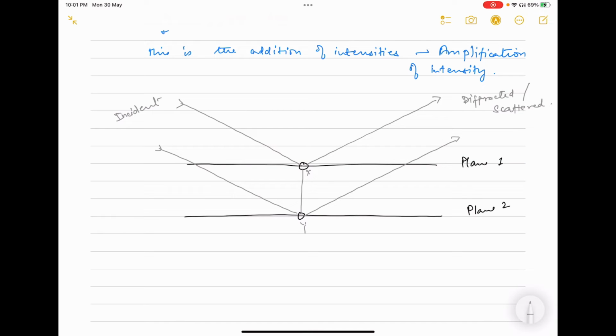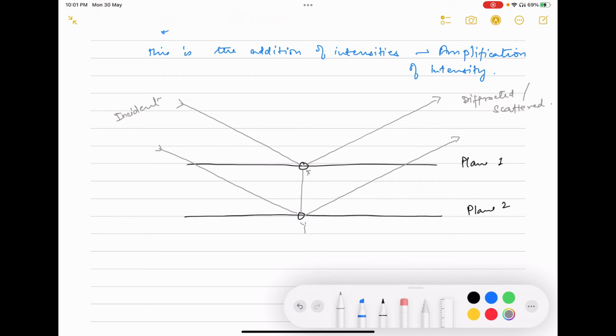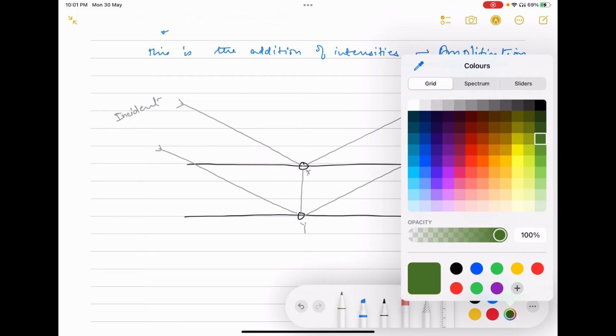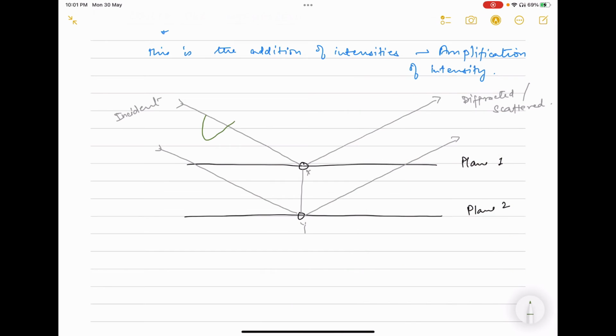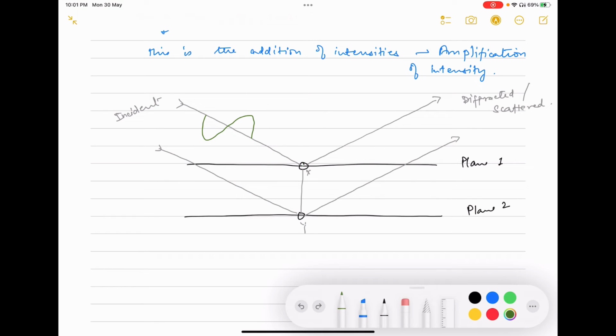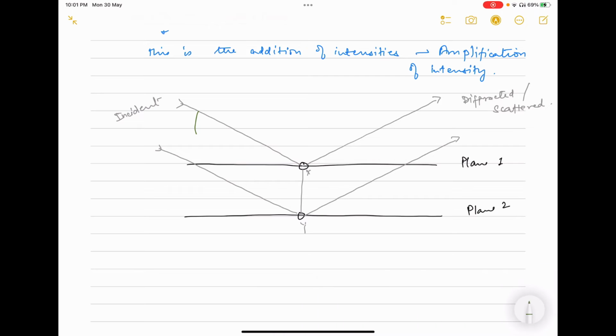Now let us draw the different wavelengths. So the incident wave goes like one wavelength and two wavelength. Suppose it has one wavelength, two wavelength and half wavelength.